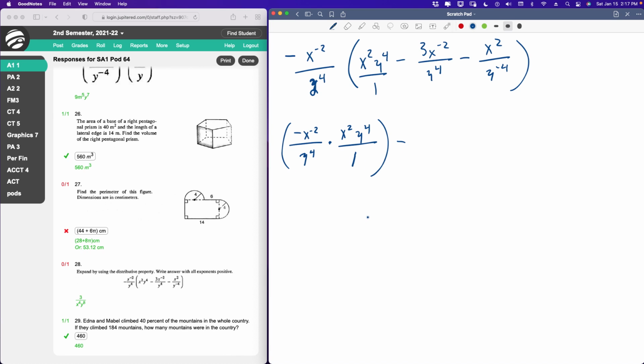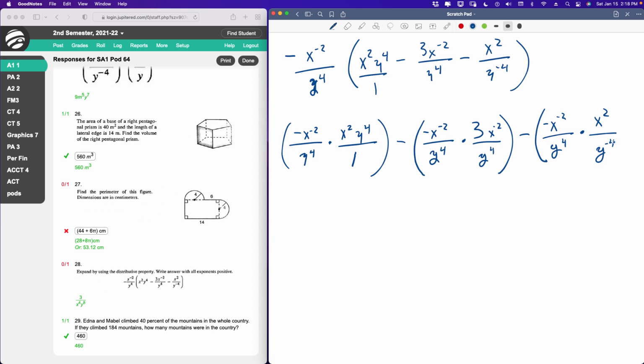Bring down the operation. Same thing. We bring in this original fraction, and we bring in the next fraction. Bring down the operation. Final fraction. There we go. Now let's look at each one independently.